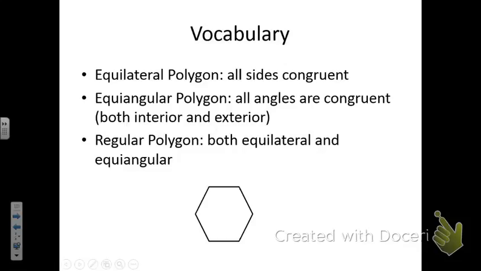It's a hexagon. Now, if I wanted it to be regular, then I would have to know that all my sides are the same. And I would also have to know that all of my angles are the same. So if I know all sides and all angles are the same, then I know that it is a regular polygon.